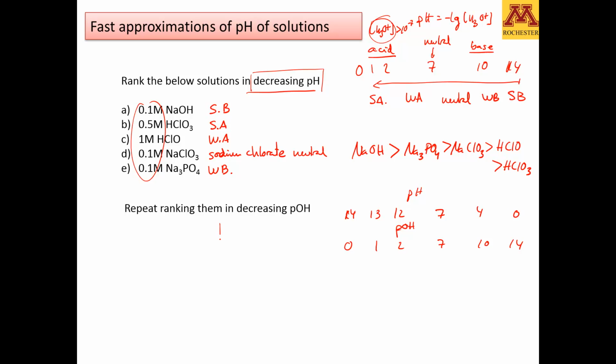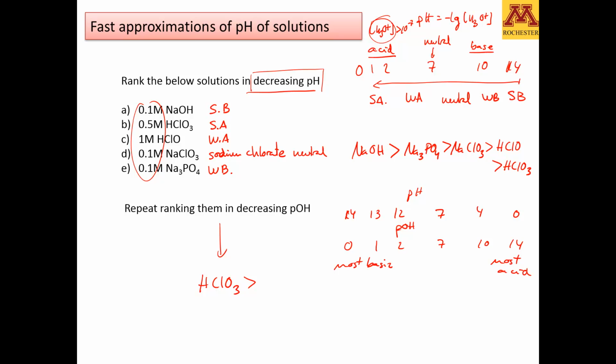So to do the same ranking in decreasing pOH, we will have to just write the same, but in the opposite direction. The largest pOH will be the most acid, and the lowest pOH will be the most basic.